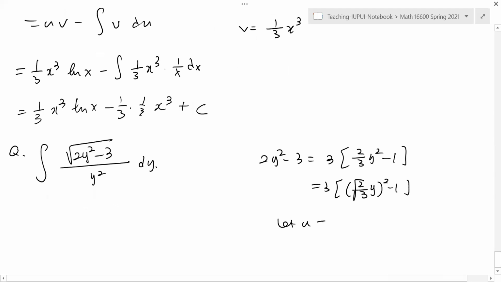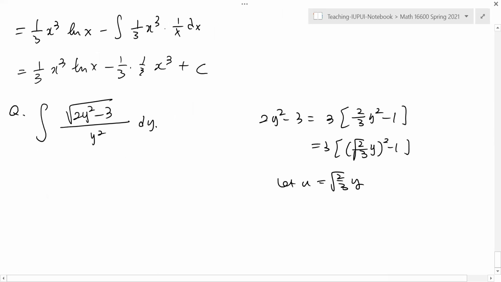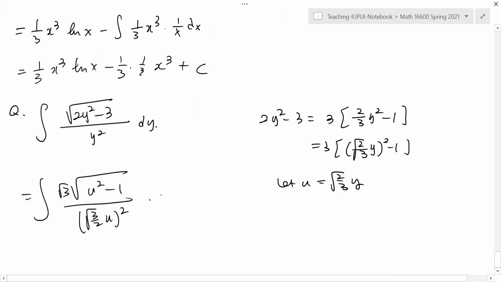You can let u be square root of 2 over 3 times y. Then that's u squared minus 1, y is square root of 3 over 2 times u, and dy is square root of 3 over 2 du. You just solved for dy.